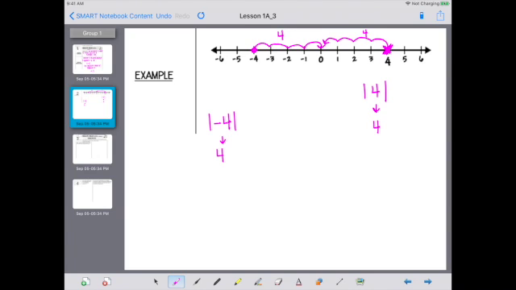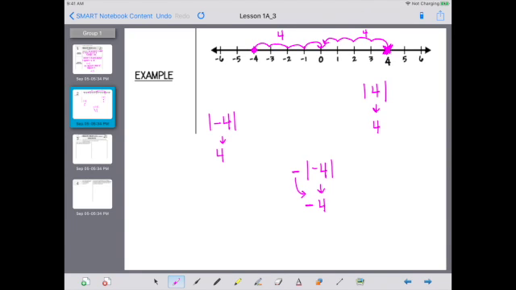As I was saying earlier, with the exception, let's say you have the absolute value of -4, but you have a negative outside the absolute value symbols. Your answer inside your absolute value is going to be +4, but this negative on the outside makes your answer turn negative.